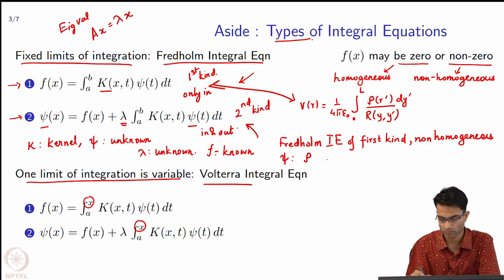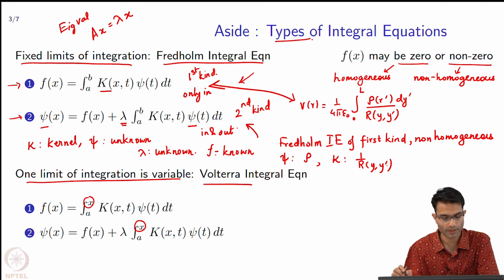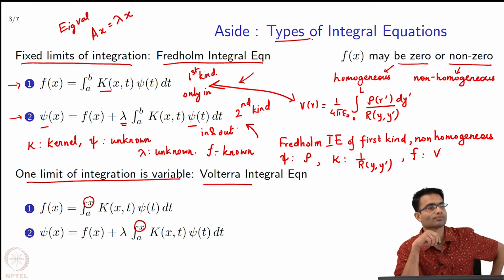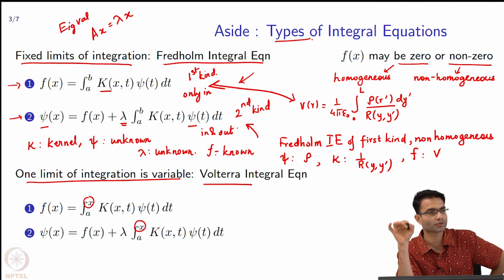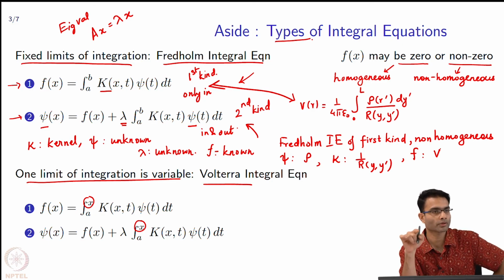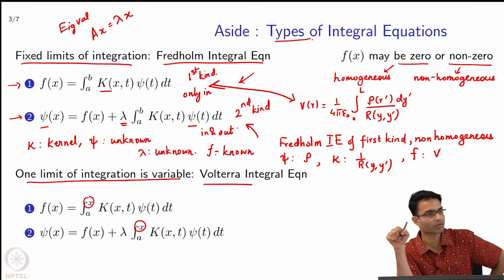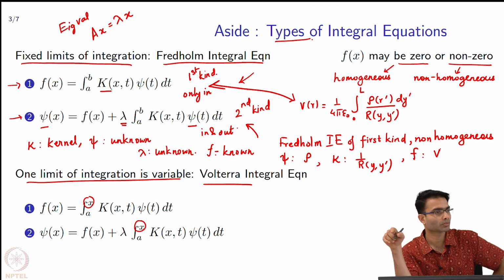Rho. What is my kernel k? 1 by r. What else do I have? F, right. So, F is V. So, that completes the full description of your integral equation. So, you need to specify all 3: Fredholm or Volterra, first kind or second kind, homogeneous or non-homogeneous, then your integral equation is fully specified.